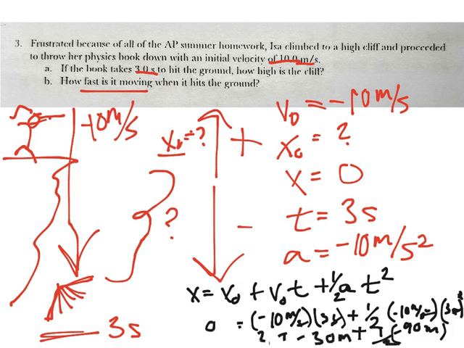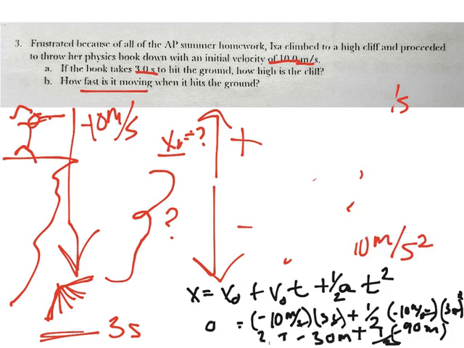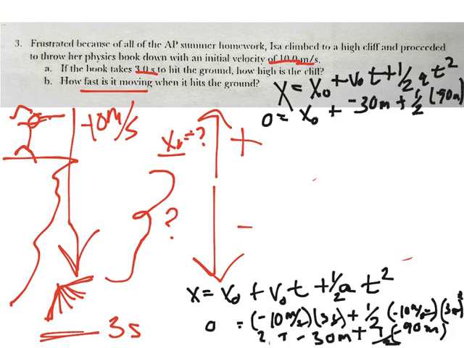So I'm going to get rid of some of this up here to make it easier. Rewrite our equation. So we have 0 equals x naught, we're up here now, plus negative 30 plus 1/2 negative 90, so 1/2 negative 90 is negative 45 meters. So x equals x naught plus negative 30 meters. So remember, if you're having a negative 30 minus 45, that's the same as adding it to a negative.